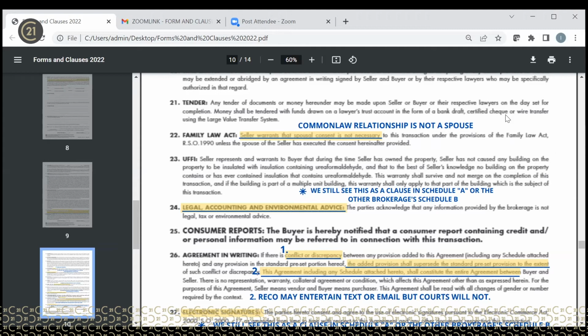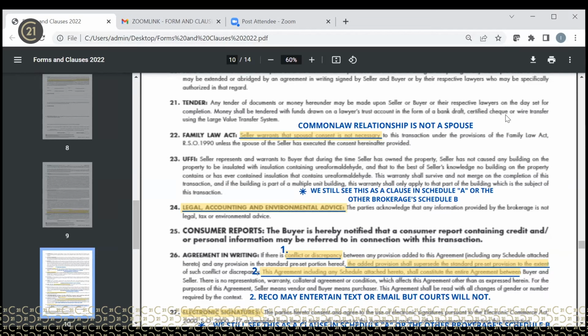Whether or not the matrimonial property or the primary residence of the husband and wife, common law, is going to be split up or apportioned upon the sale, that's up to the individual lawyers and whatever their agreements say. It's got nothing to do with us needing a spousal consent to sell the property.